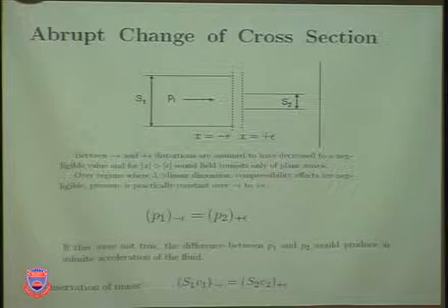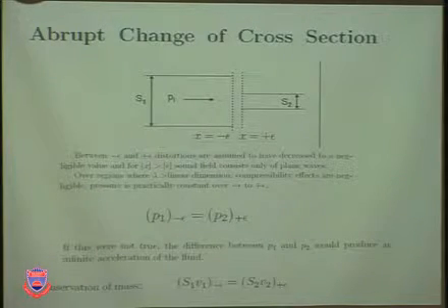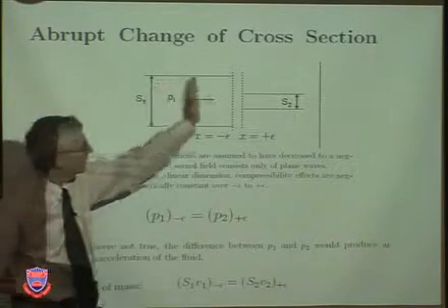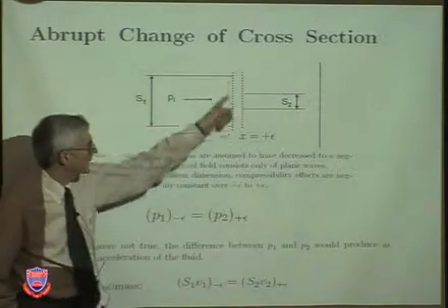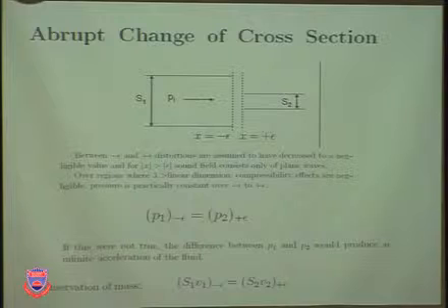Now, the next boundary condition, as we did before, the conservation of mass must be satisfied. Okay, so the flow that goes to the dotted line on one side and the flow that continues on the other side must be equal to each other.